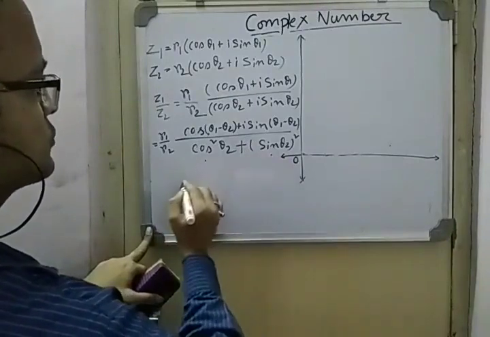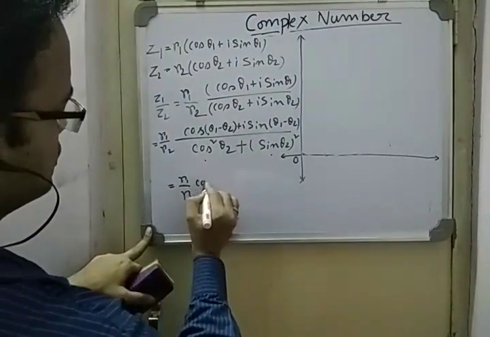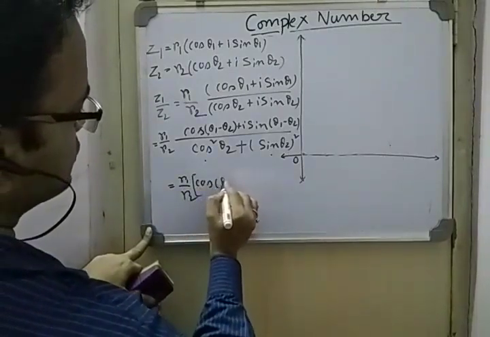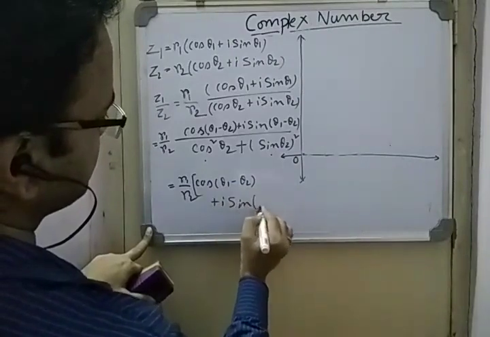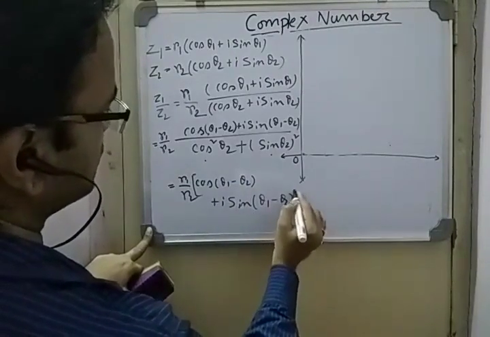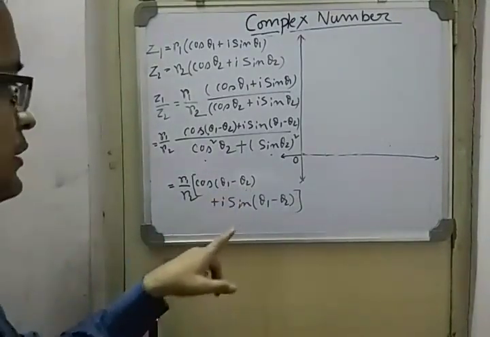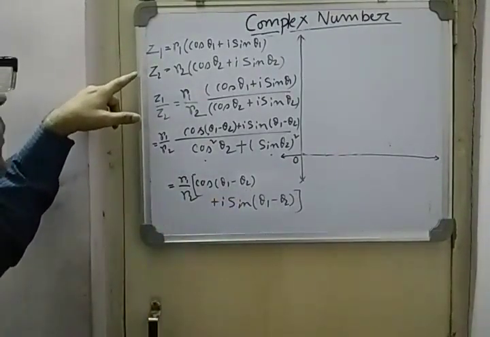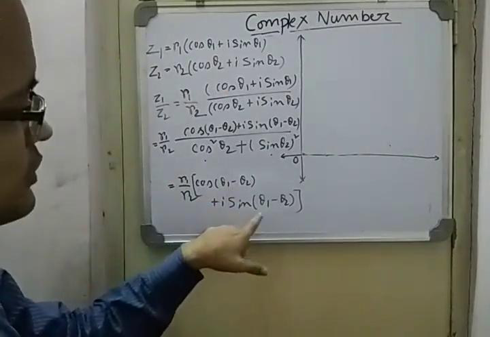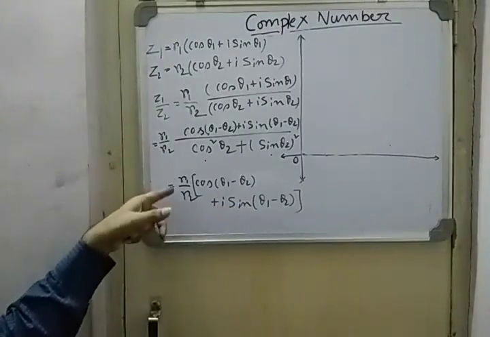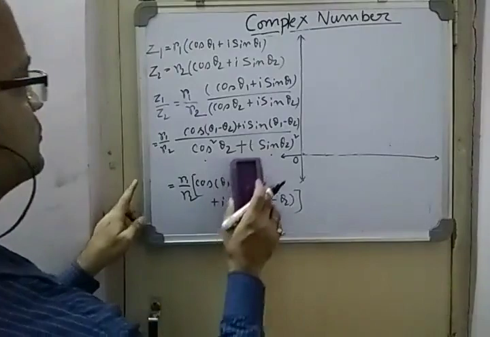So the final result is this. In the case of multiplication, angles get added, and in the case of division, angles get subtracted. And the modulus is just a simple divided or multiplied value, as this is a real number.